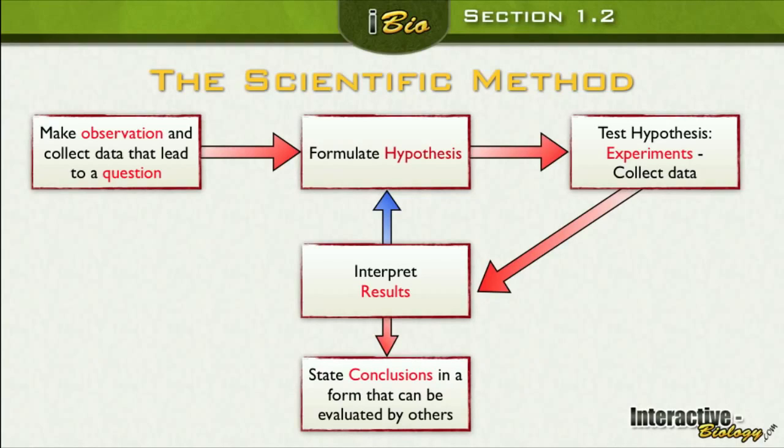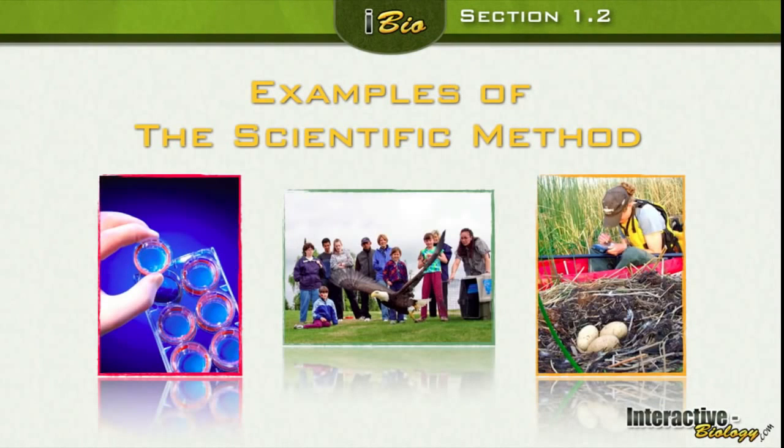If it contradicts your hypothesis, then what do you do? Reformulate a hypothesis or formulate a new hypothesis. If it supports your hypothesis, then you do what? State a conclusion in a form that can be evaluated by others.